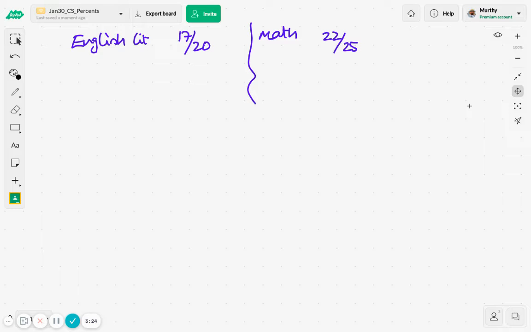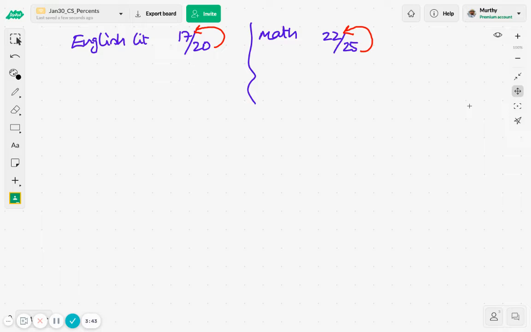So if you look at these numbers, here you lost 3 points, and here in math also you lost 3 points. So can you say that in English and math you got the same kind of scores?